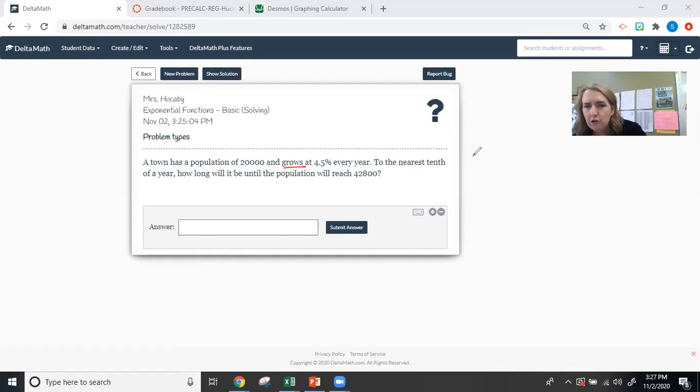So the equation we're going to use is y equals a times b to the x power. Y is going to be your final amount, which in this case is 42,800.